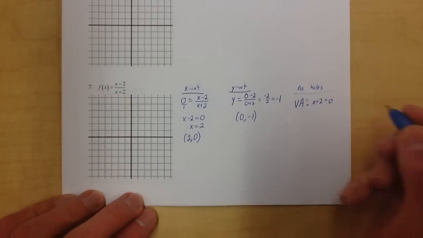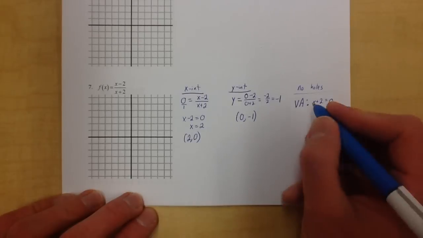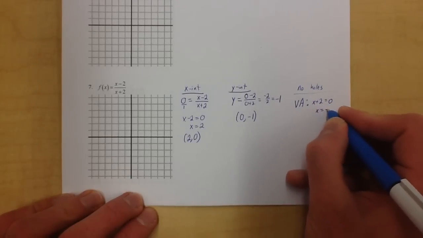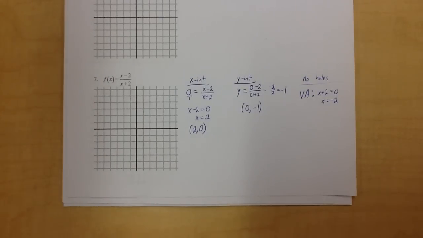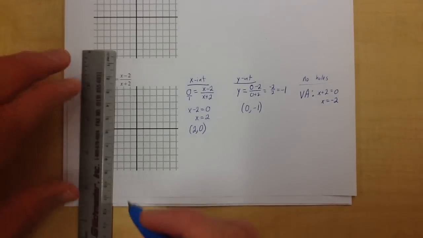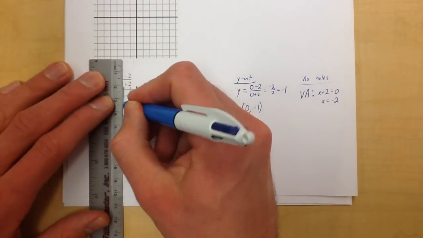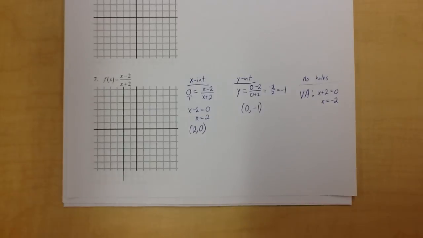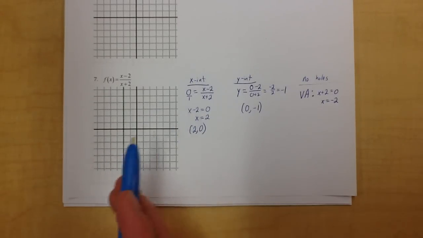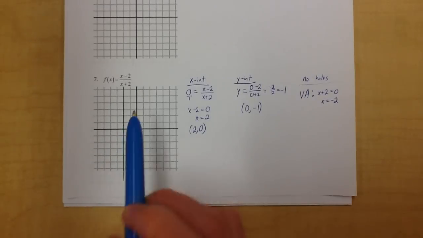It occurs where that denominator equals 0. So this is the equation of my vertical asymptote. If you wanted to, you can go ahead and draw it. There it is. I will never cross that green line. I'll jump over it, but I'll never draw a graph across it.